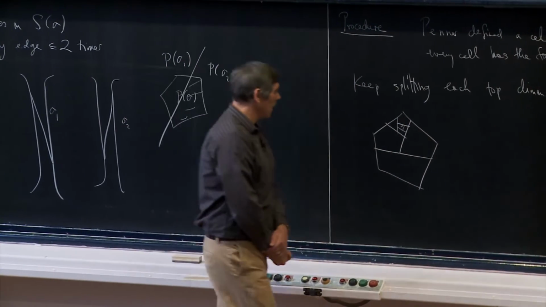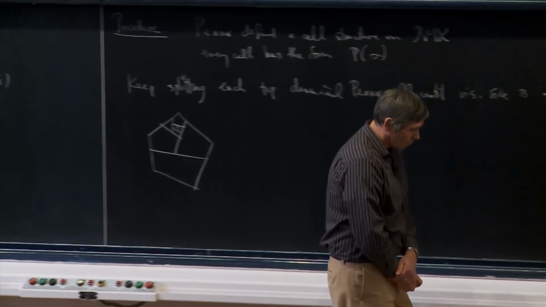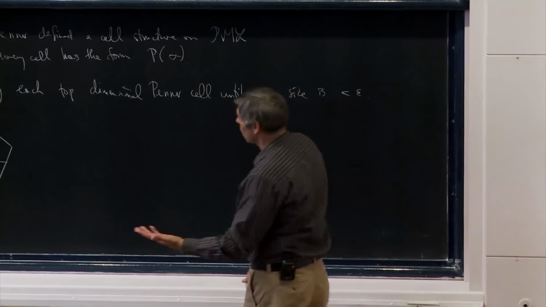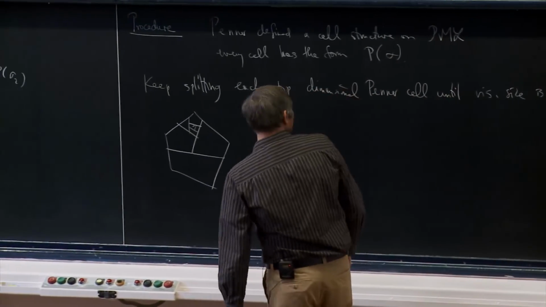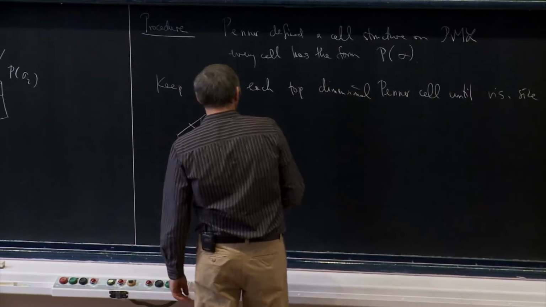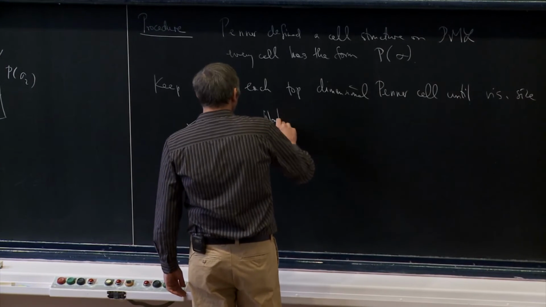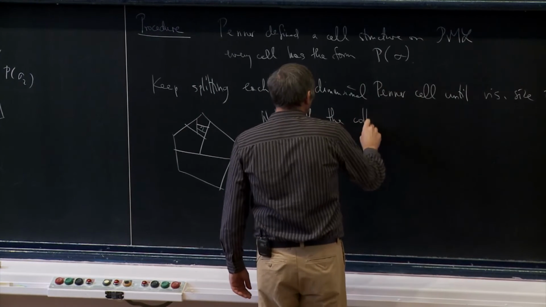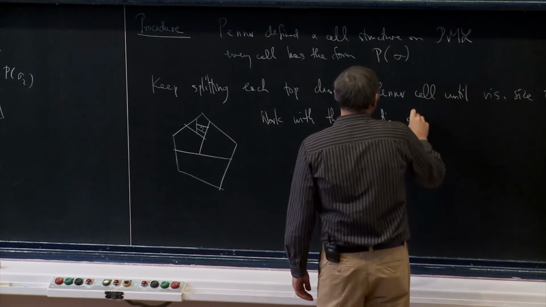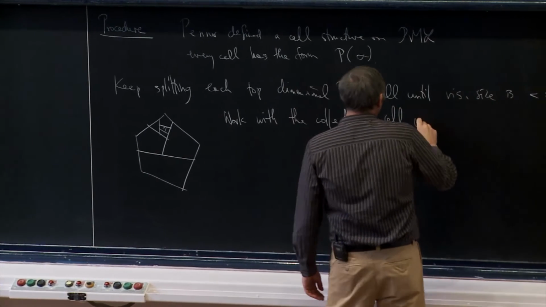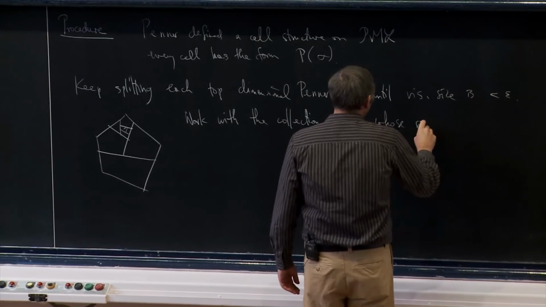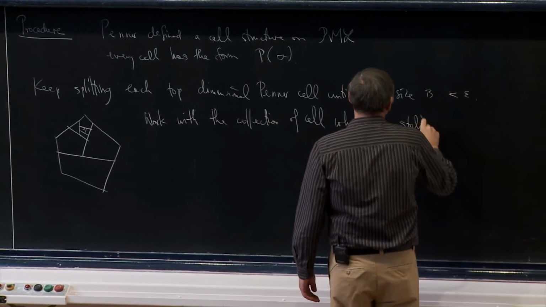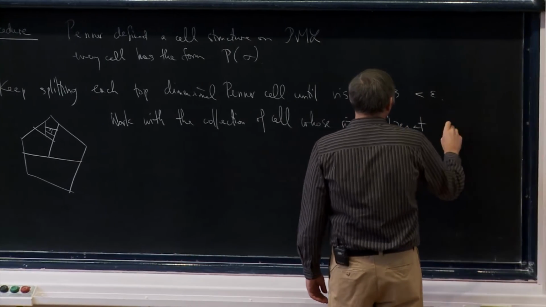But you keep the cells that stabilize, that reach the size less than epsilon. So we work with the collection of cells whose size stabilizes at less than epsilon.